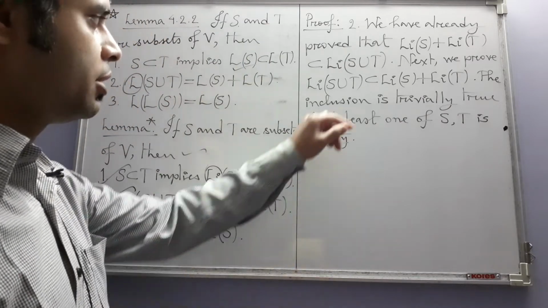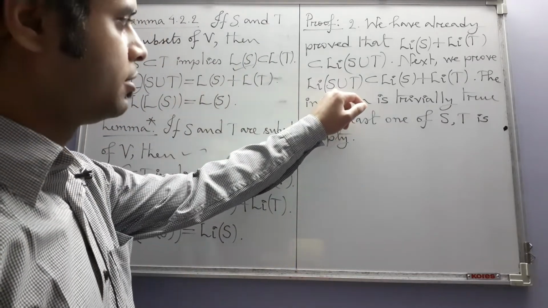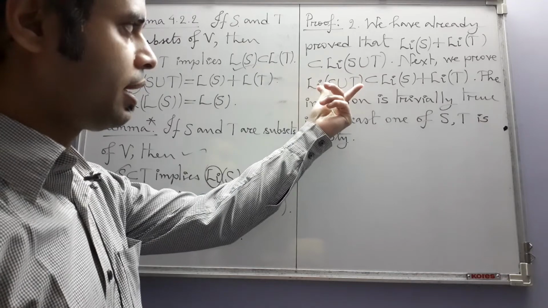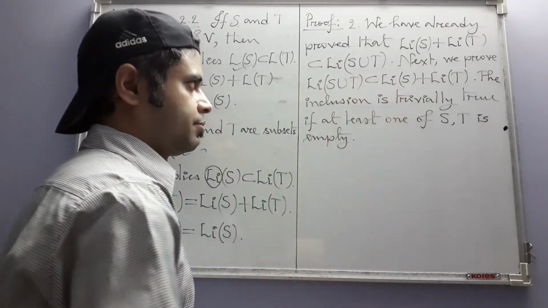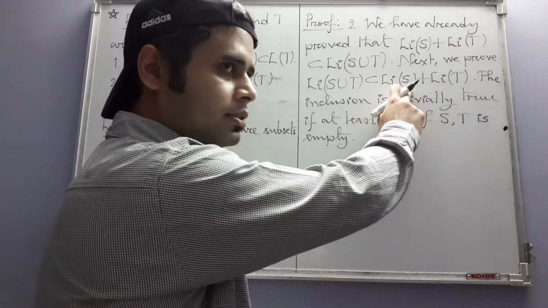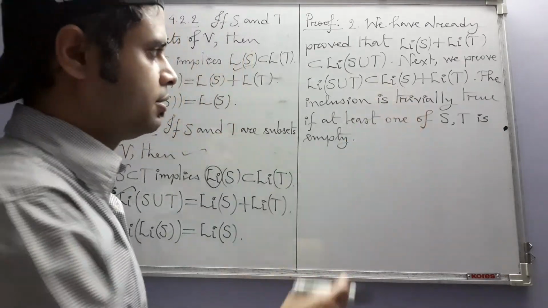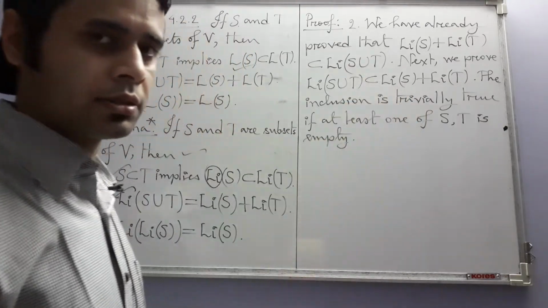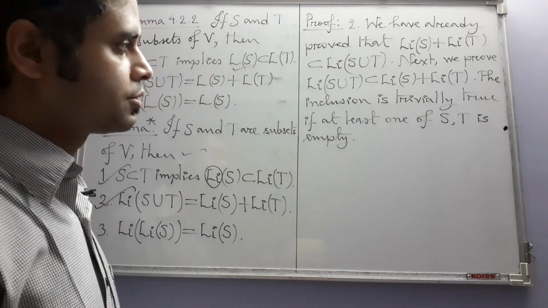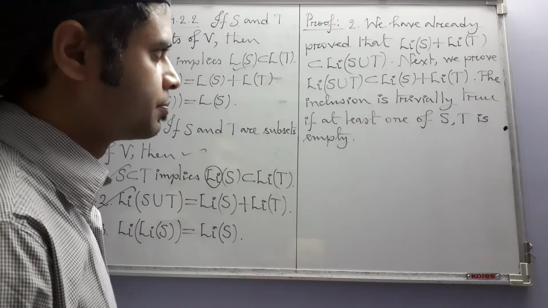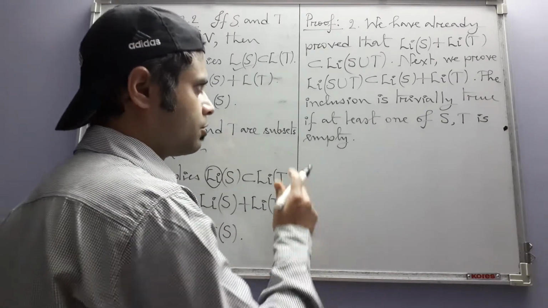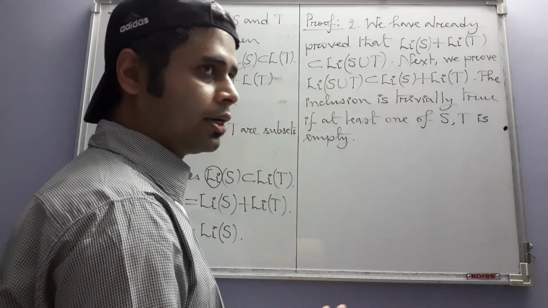For example, if you take S to be the empty set, then here you have Li of T. On the right hand side, Li of S means Li of the empty set, that is the zero space. If you add that zero space with Li of T, you get Li of T. So in fact we get equality in that case.